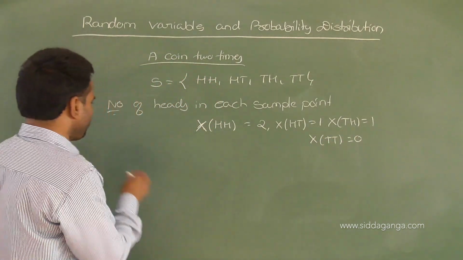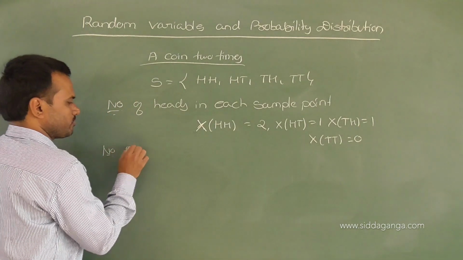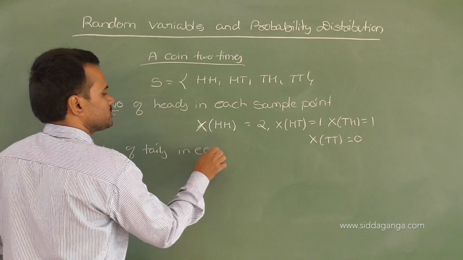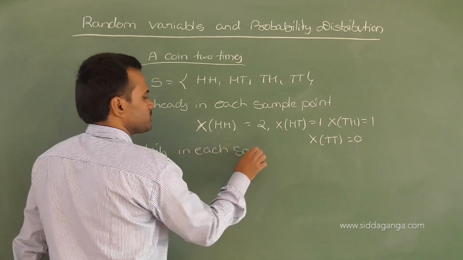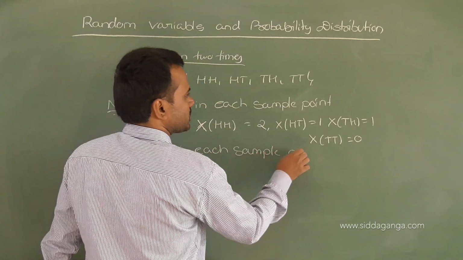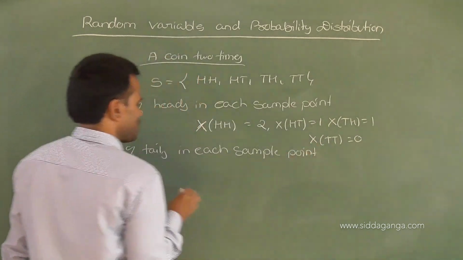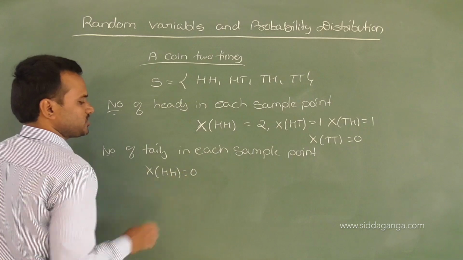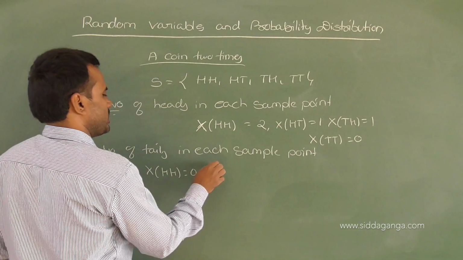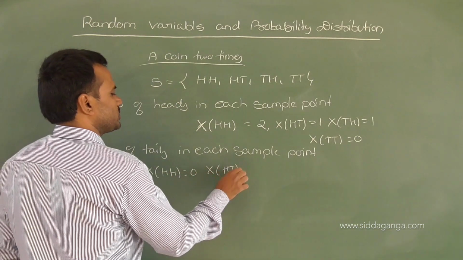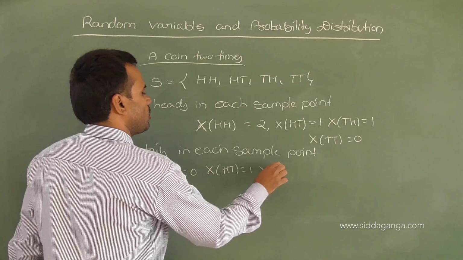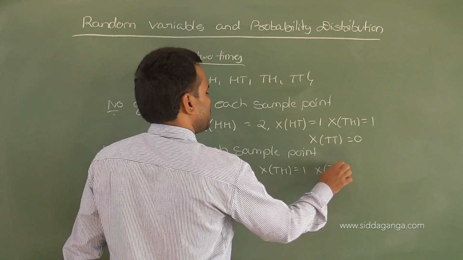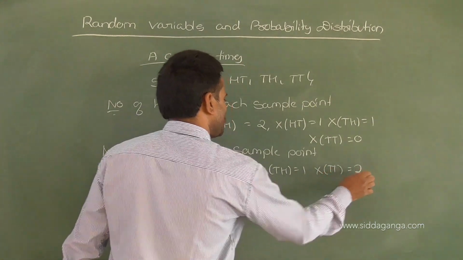Similarly, if you want the number of tails in each sample point, X of HH, the number of tails is 0. There are no tails. X of HT is 1. X of TH is 1. X of TT is 2.